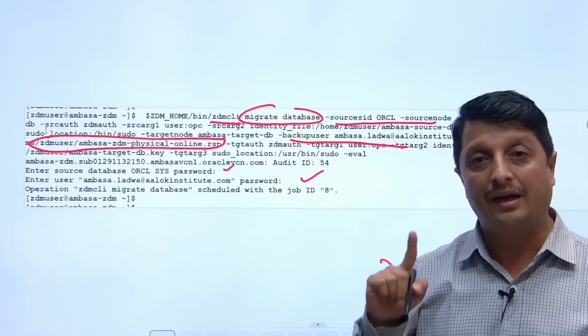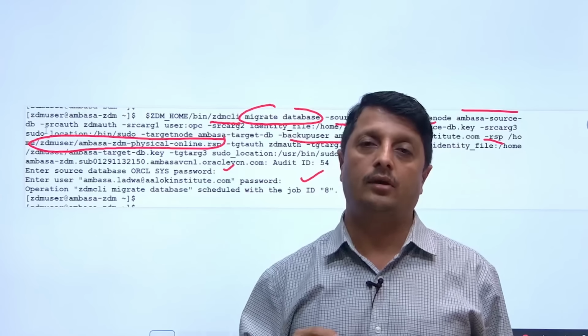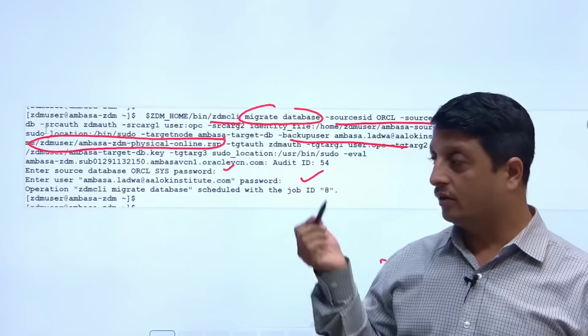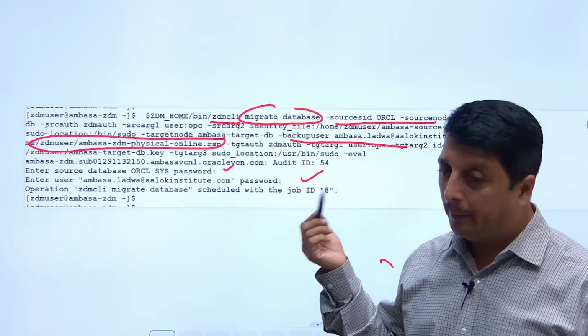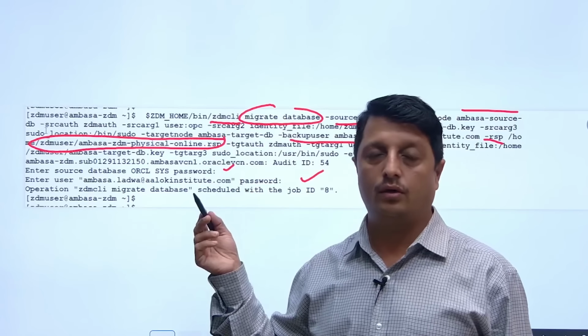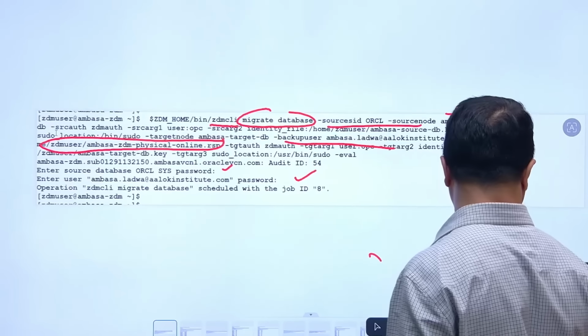That's important. While creating the placeholder target database, your target database SYS password must be the same. That's what you have to note. In case you have not prepared it, you can log in again and change that as well. It's possible.